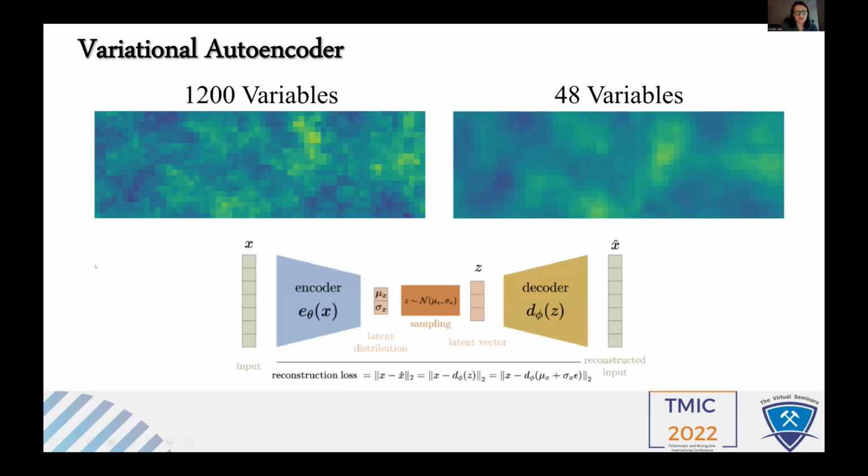The way this works is it uses something called a variational autoencoder, which takes the original field, which might have 1200 random variables, for example, 1200 cells, and it compresses it the way you would compress an image to a more simplified version of that field. And this field now has 48 variables.